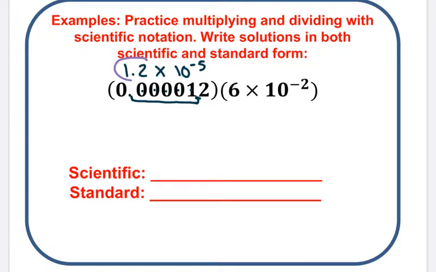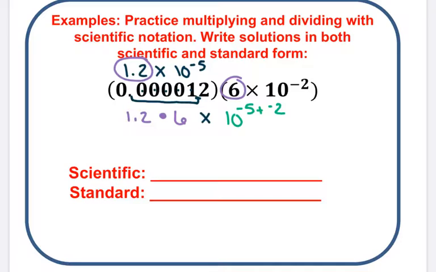So I am multiplying 1 and 2/10 times 6. And then I'm going to add those exponents. And remember, you can always check this in your calculator.